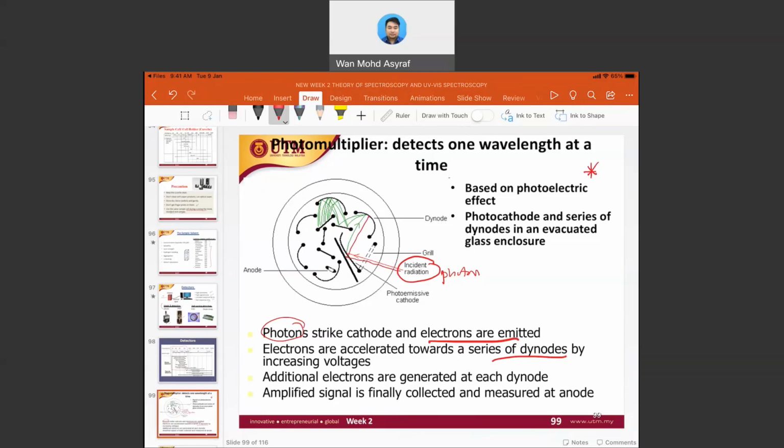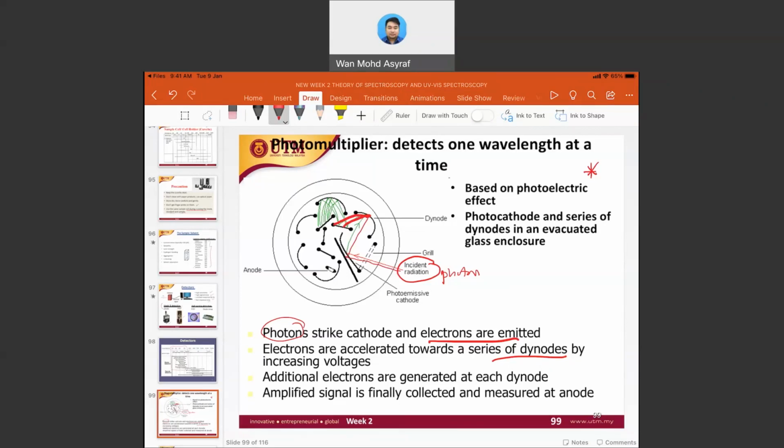From the first diode, it creates two electrons. These two electrons will become 4, and 4 will become 8. Every time it hits a diode, it will double. This is how you increase your detection intensity by using a photomultiplier tube.